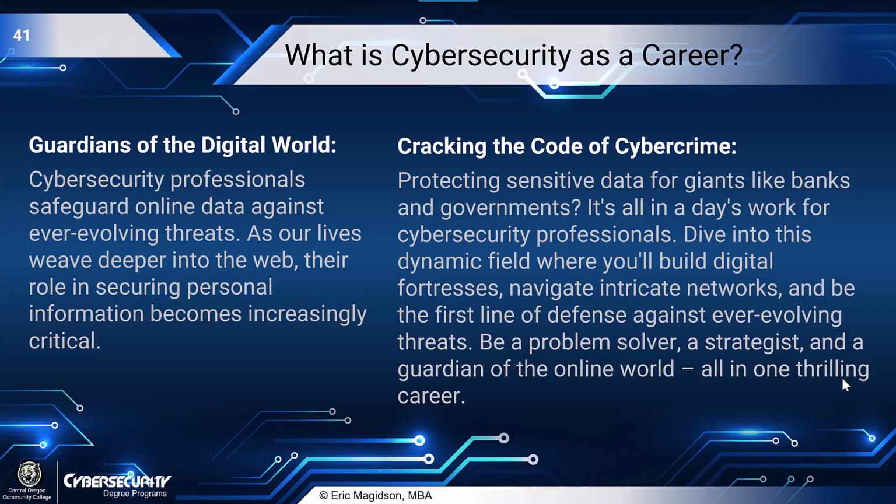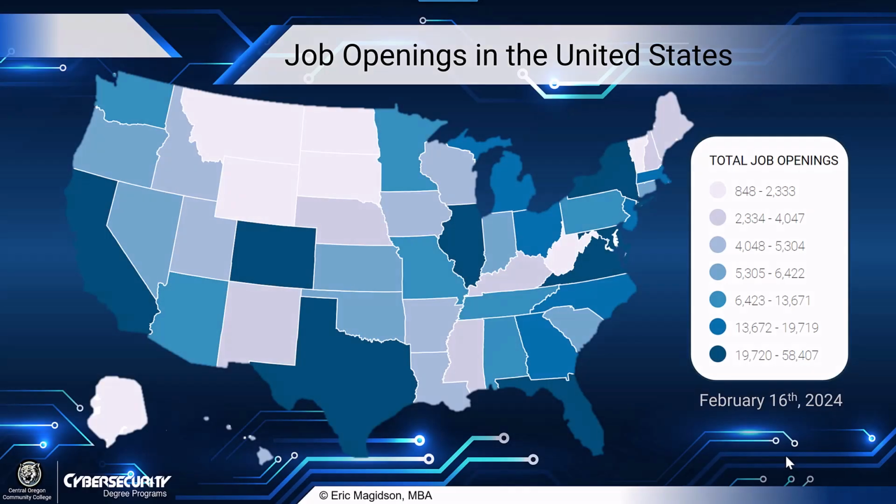So kind of interesting. Dive into this dynamic field, where you can build digital fortresses, navigate intricate networks, and be the first line of defense against these ever-evolving threats, right? You need to be a problem solver, a strategist, and a guardian to the online world.